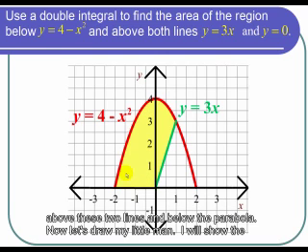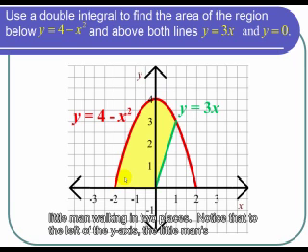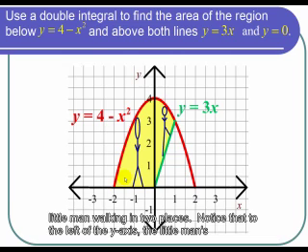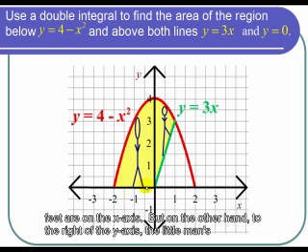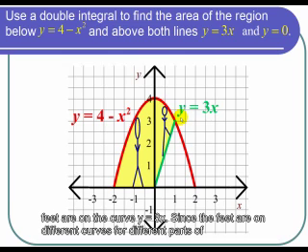So now let's draw my little man, and I'm going to show the little man walking in two places. Notice that to the left of the y-axis, the little man's feet are on the x-axis. But on the other hand, to the right of the y-axis, the little man's feet are on the curve y equals 3x.